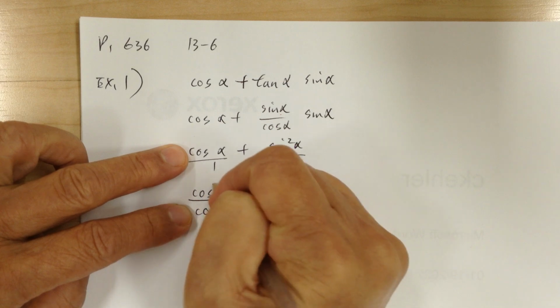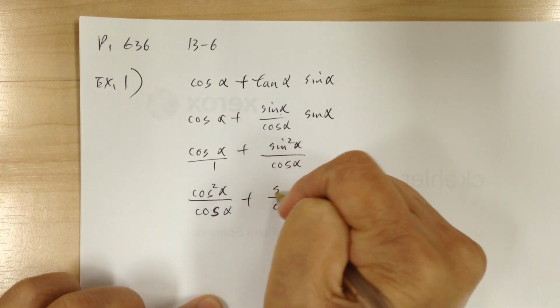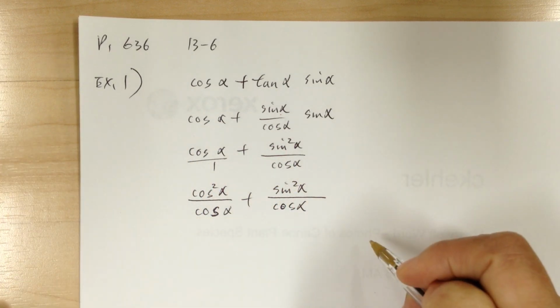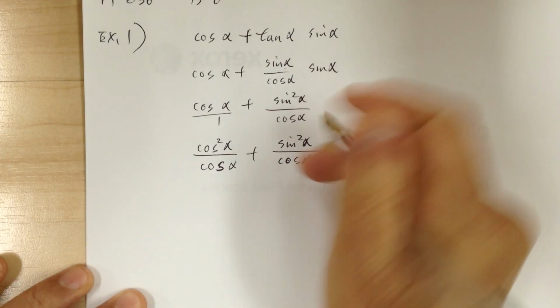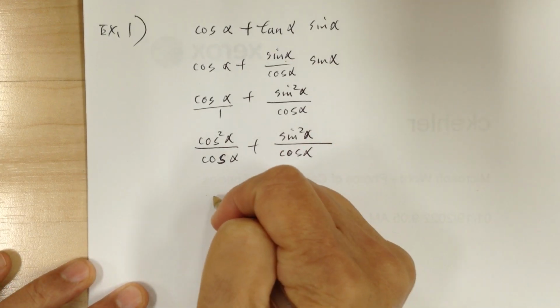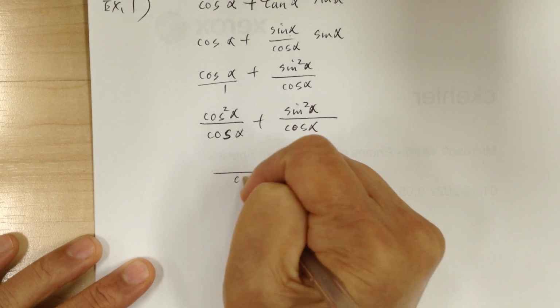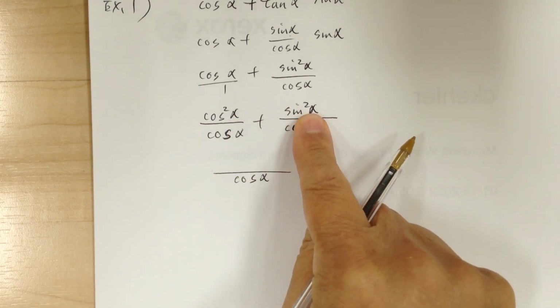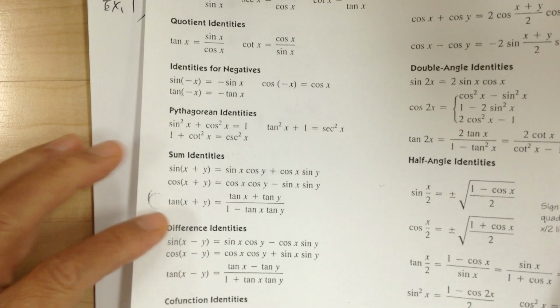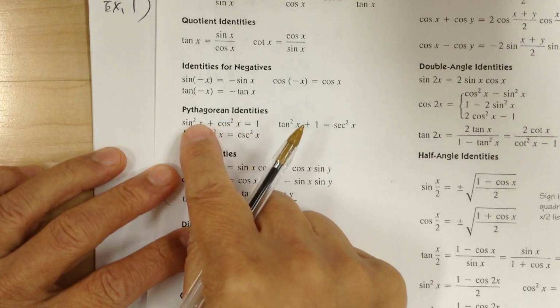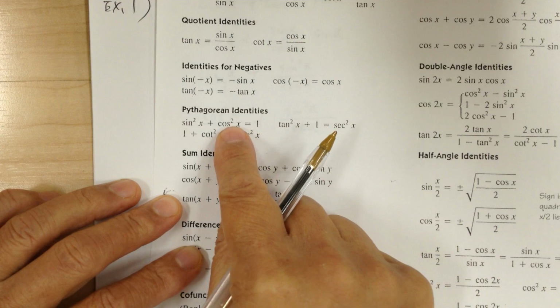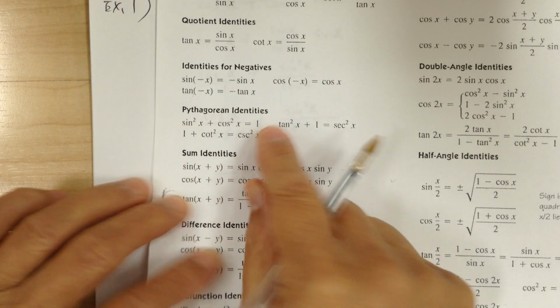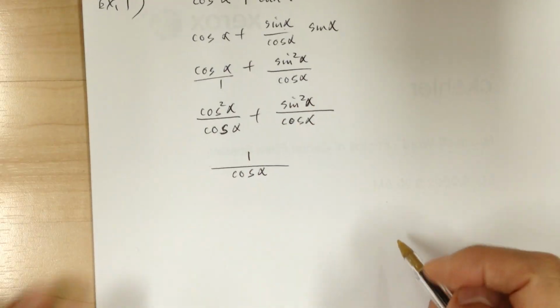So this becomes cosine squared alpha. And so when you add together, you get cosine squared plus sine squared. Again, that's from your identity. If you notice, cosine squared plus sine squared equals 1. So this becomes 1.